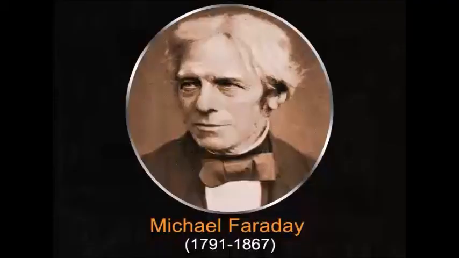Now, having understood all this about the EMF, that is electromotive force, and the voltage batteries, we come to a very interesting consequential development out of these. This was the discovery of electromagnetic induction by Faraday in 1831.